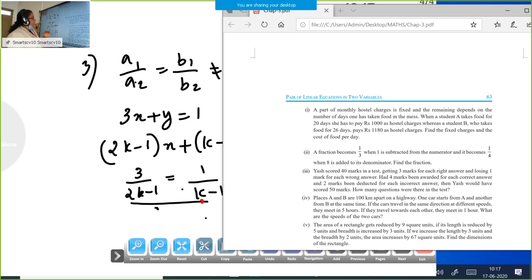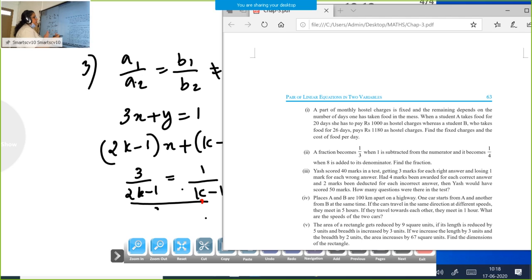We take the fixed charge as X and the charge for the food as Y. Each day's food charge is Y. When student A takes food for 20 days, X is the fixed charge and Y is the charge for food, so 20 days means 20Y.